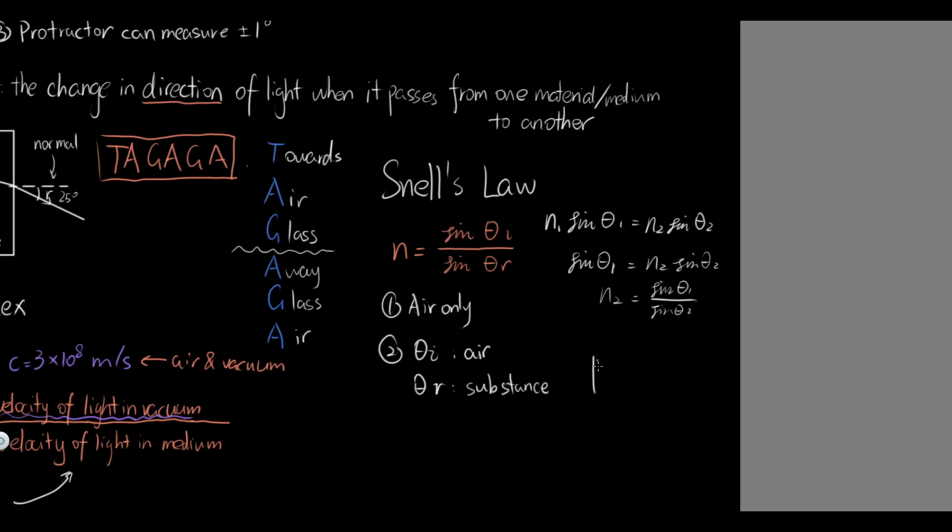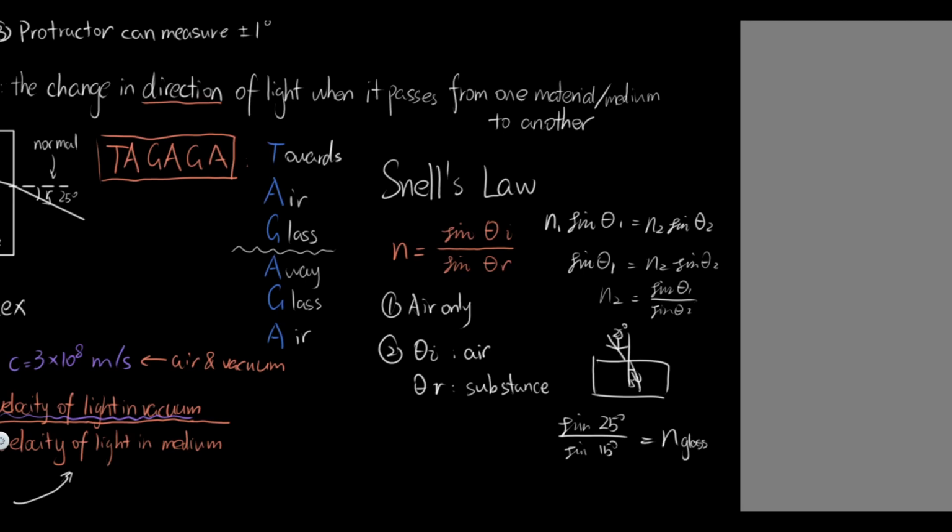So let's say you have a glass block with an angle of incidence of 25 degrees and 15 degrees. You can only use sine 25 degrees over sine 15 degrees to find n glass.